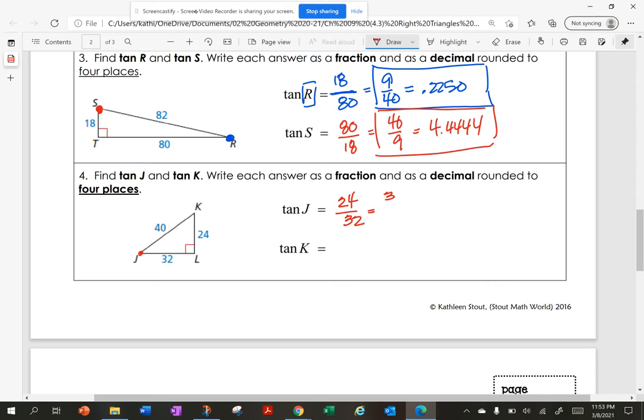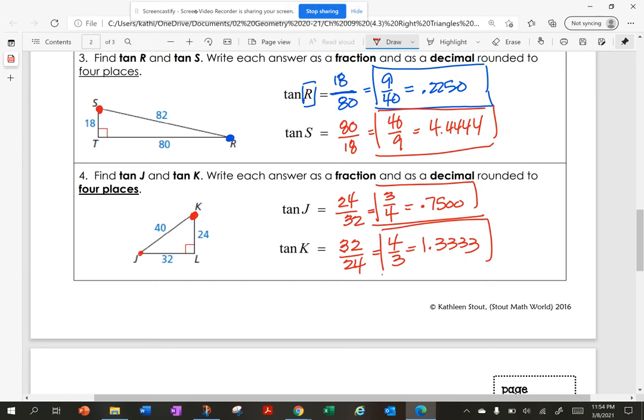So that would be 3/4, which is 0.7500. For angle K, if this is my reference angle, opposite is 32 and adjacent is 24. So this is going to be 4/3, which is 1.3333.